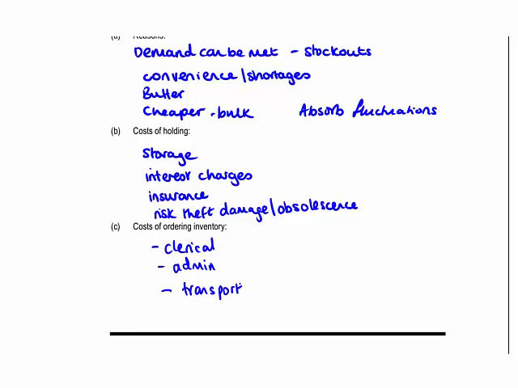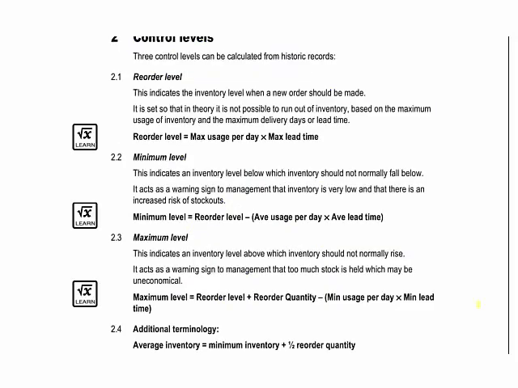So what we need to do is think about how we can hold an appropriate level of inventory and make sure that we don't have too much inventory so that those holding costs are too high, but equally we don't want to be popping out to the shops every 5 minutes because that's going to increase the costs of ordering.